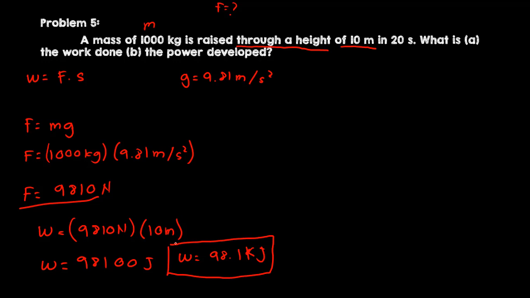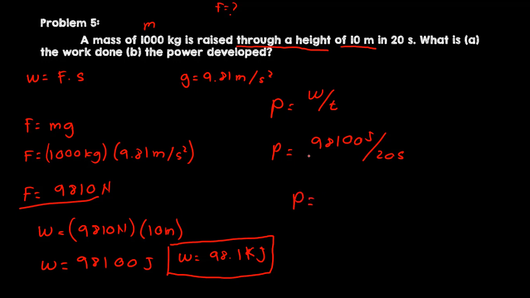Next, let's find the power developed. Power developed is P, which is W over T. So P is equal to the work, 98,100 joules, over time in seconds, which is 20 seconds.